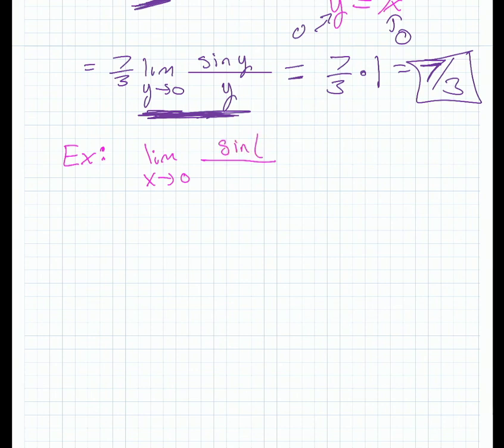Let's go sine 5x over 2x. So how would you actually do this? We want to match the 5x, so you just multiply by 5 over 5.